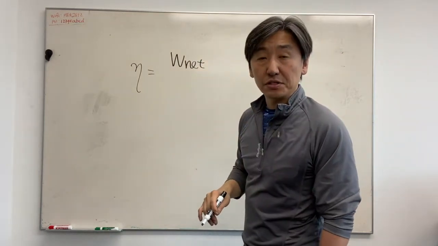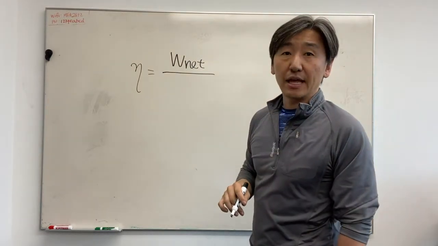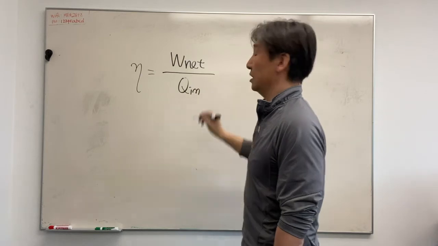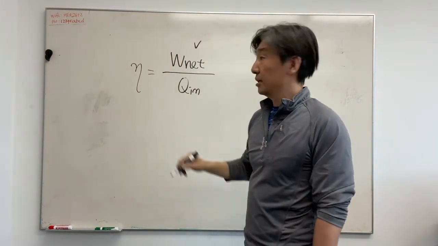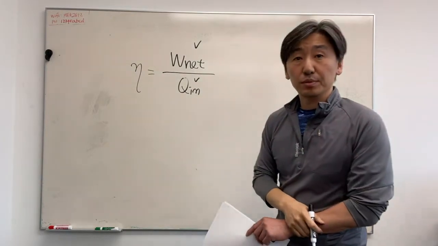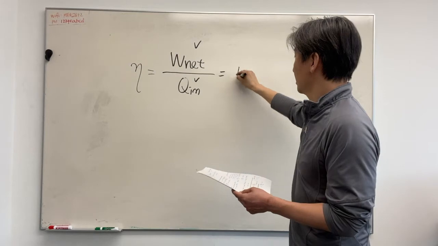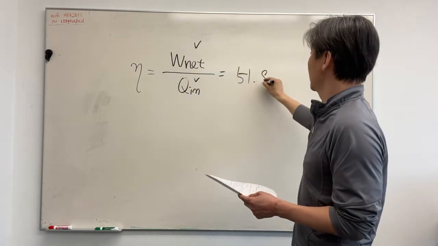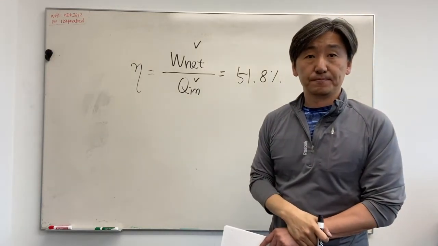The thermal efficiency can be calculated by dividing the net work by the heat input. We already know the W net, and we are given this heat input. So easy. By applying those numbers that we already know, that gives us 51.8%.